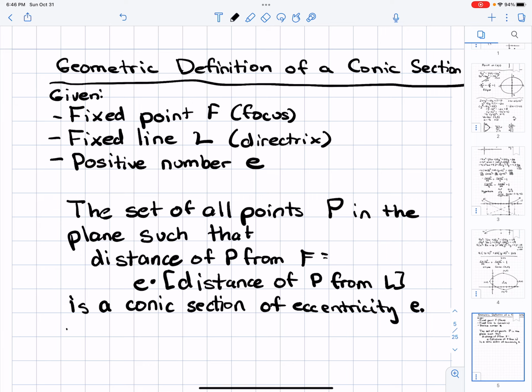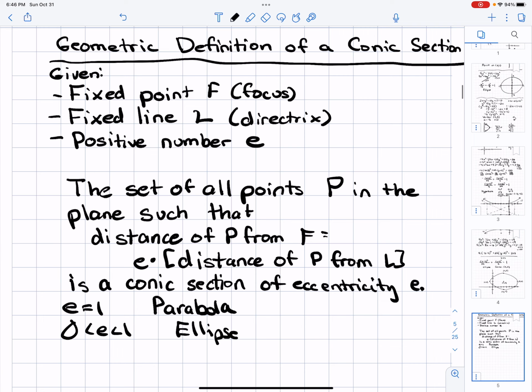When E equals 1, you have a parabola. When 0 is less than E less than 1, you have an ellipse. And when E is greater than 1, you have a hyperbola.